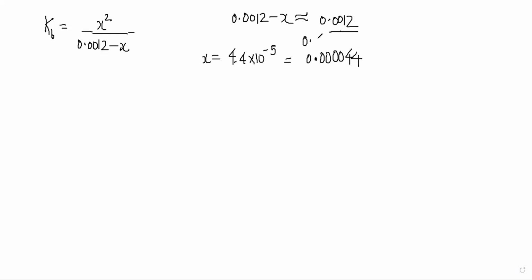Now you can ignore it because with 4 significant digits, there is no change, right? In case the answer was not that, if it was something bigger, this subtraction would not be ignorable. See, 4 significant digits is 0.0012 only, no? After that, you don't know what it is, so it is almost going to be 0.0012 only, right?